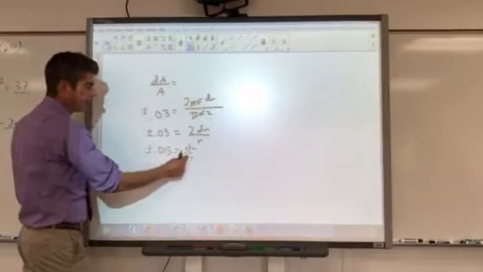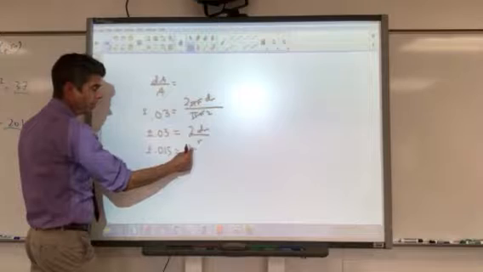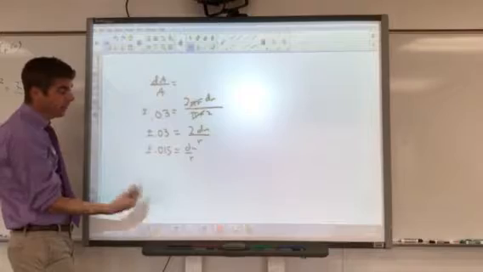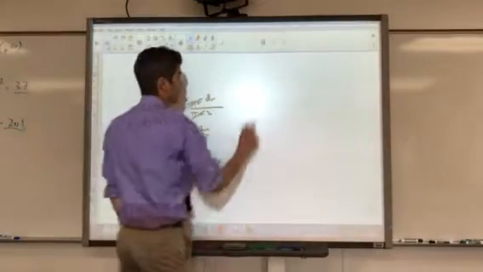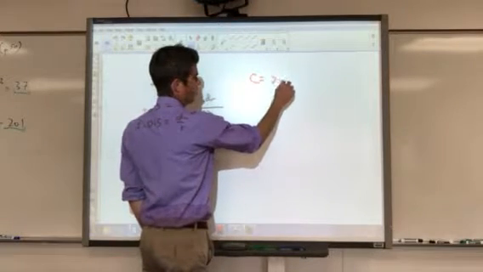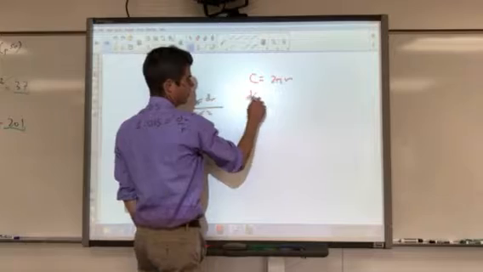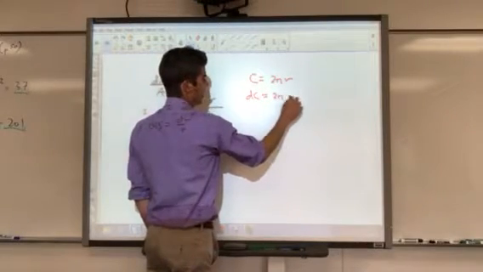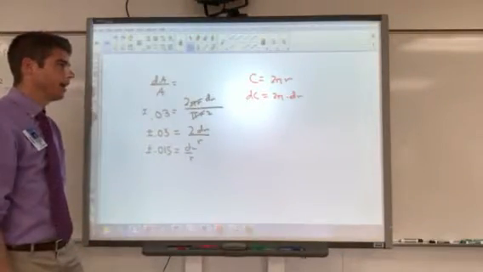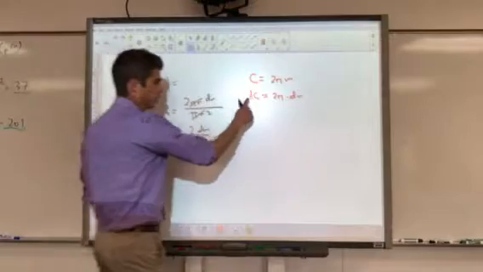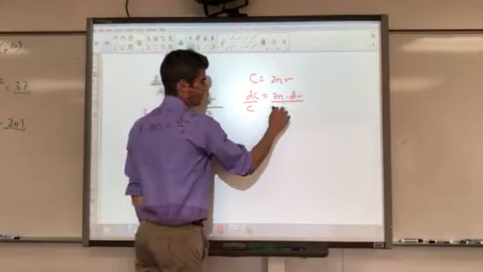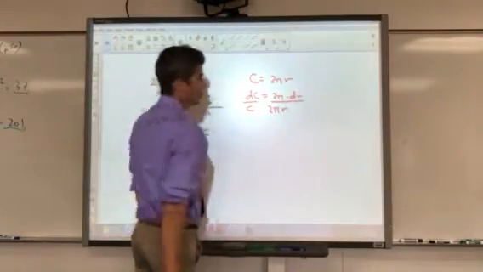Okay, so going back to this. This dr over r represents the relative error in measuring the radius. If you go back and think about circumference, we said it was 2 pi r, and if I do the differential of C equals 2 pi times the differential of r, notice that they both are linear measurements. So compare that to the actual circumference, which is 2 pi r. Notice what's happening.